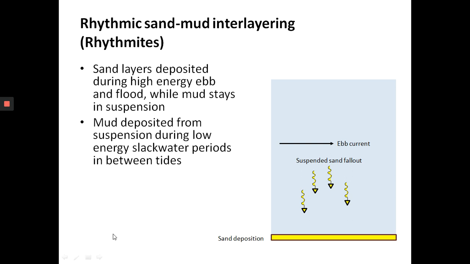So the first type of tidal facies we'll be looking at are what we call rhythmites. These are interlayered sand mud beds, and the interlayering is rhythmic. They form nice regular stripe patterns.